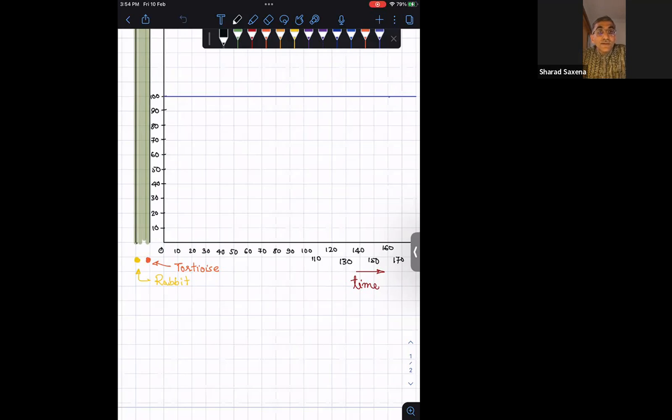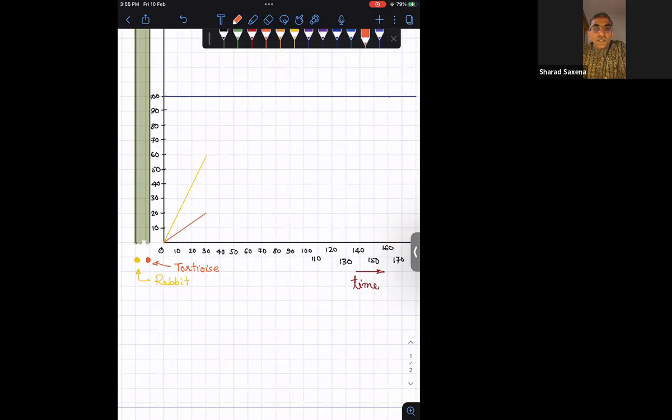So children get excited. I ask them, the rabbit is yellow, tortoise is orange. Let's do the graph. If rabbit is moving faster, how should the line be drawn? They have already seen it, so they tell me that will be more inclined, or sort of less, depending on which axis you are talking about. So let's put it here, and I take the orange color and I put it here.